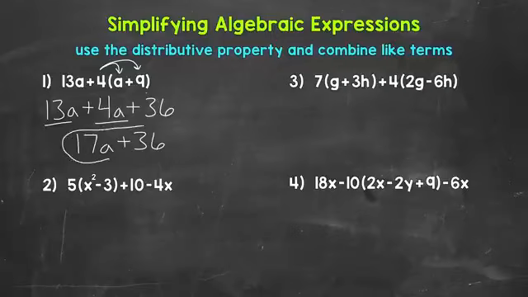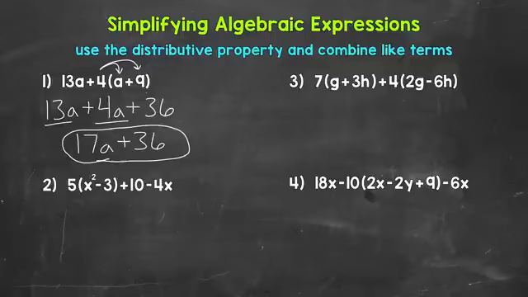And this is our final simplified expression, 17a plus 36. Now that simplified expression is equivalent to the original expression. We were just able to simplify that original expression by using the distributive property and combining like terms.